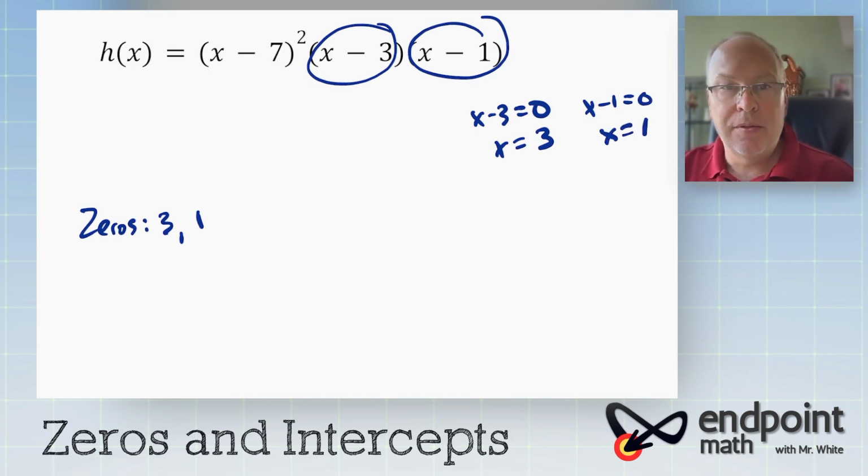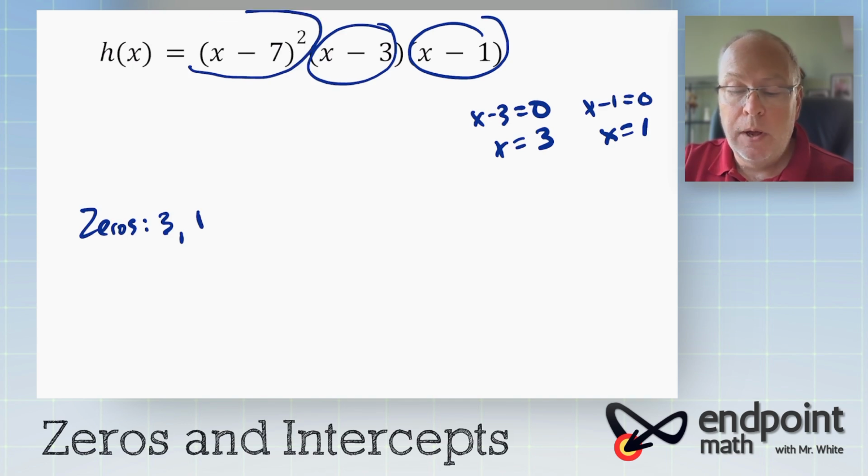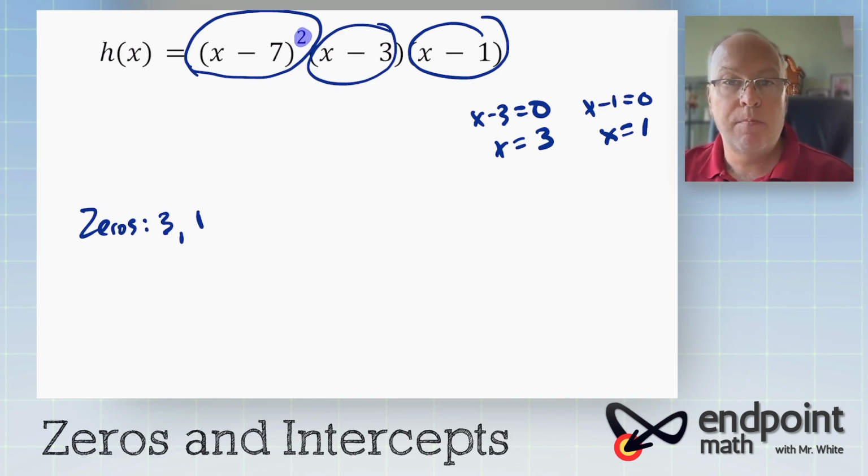What about this other thing? Well, do you guys remember from Algebra 1, there was a thing called multiplicity, and we'll talk more about it this year, but when the multiplicity is even, when that factor is there like 2, 4, 6, 8 times, this graph hits the axis there but doesn't cross through.